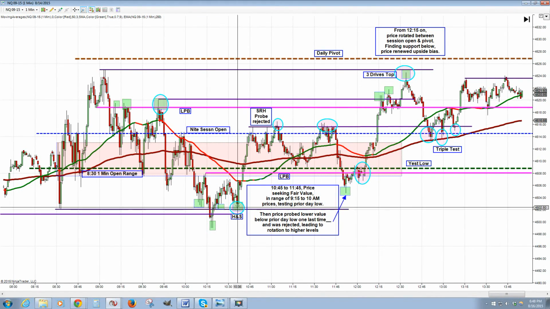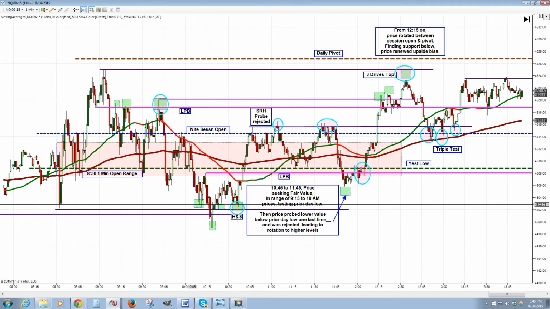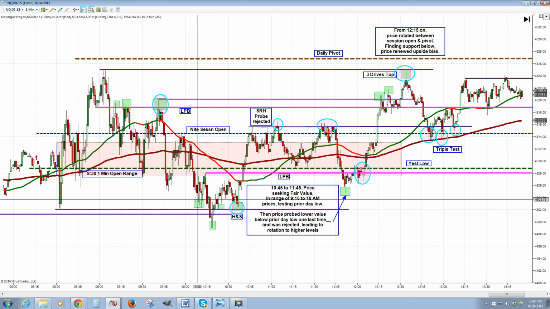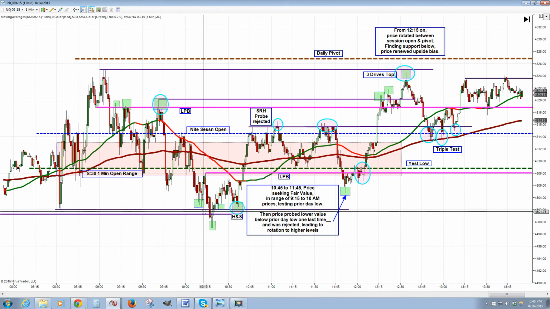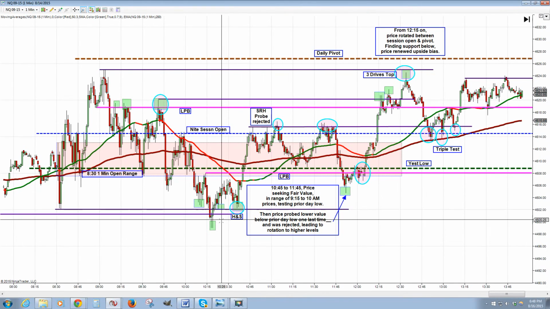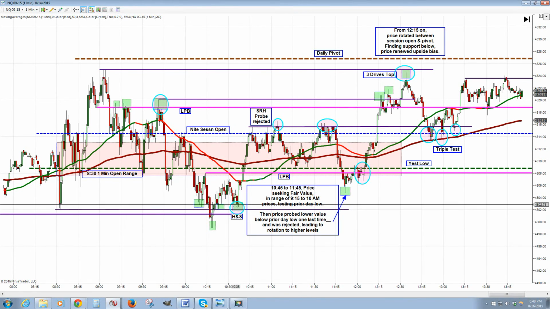27 minutes later, it made another low a tick or two higher, which you could interpret as a head and shoulders. Doesn't have to be precise. But a low was before the low and a higher low after the low. So we have a head and shoulders here.